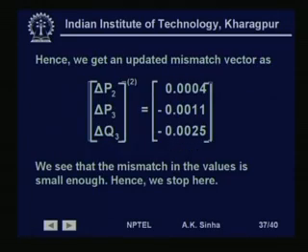If we do one more iteration, the convergence can be up to 4 or 5 decimal places. So, we have got the solution now.